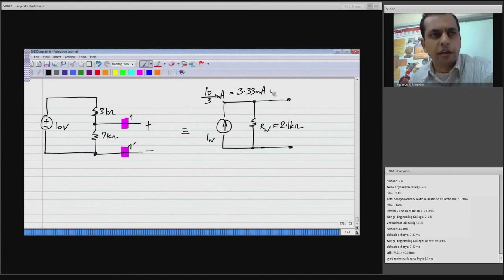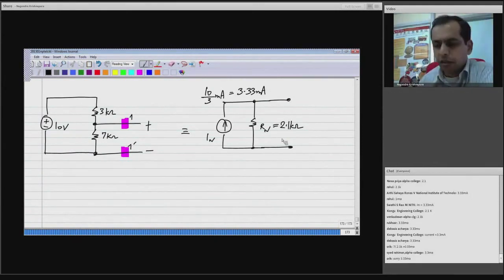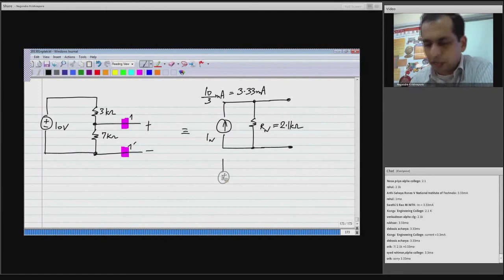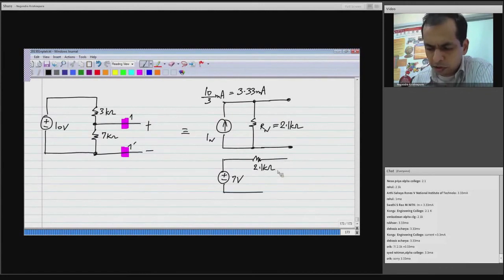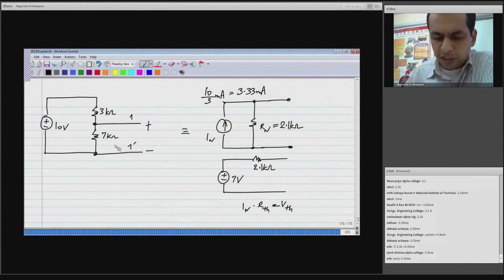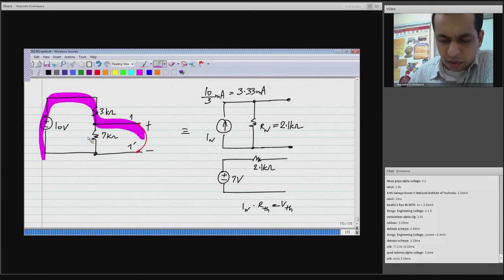You can either get it from the previously calculated Thevenin equivalent circuit, that is, we had 7 volts and 2.1 kilo ohms, and we know that IN times RTH equals VTH. From this you can calculate, or even in this case, looking at the circuit, if you short circuit this, what happens is that we have this 10 volts and 3 kilo ohms and a circuit like this.